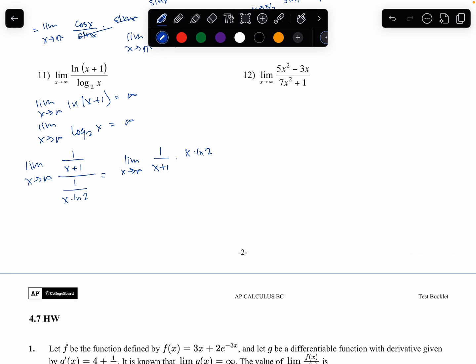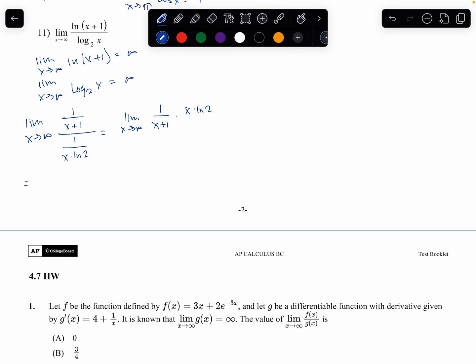This is still a ratio function, or rational expression rather. This is x times the natural log of 2 over x plus 1. If you evaluate the limit of the top and the bottom, we get the limit as x approaches infinity of x times the natural log of 2, that's still infinity.